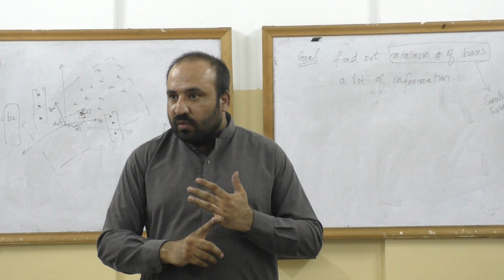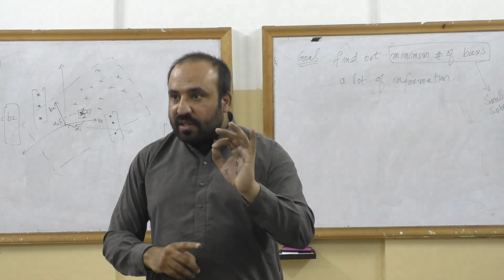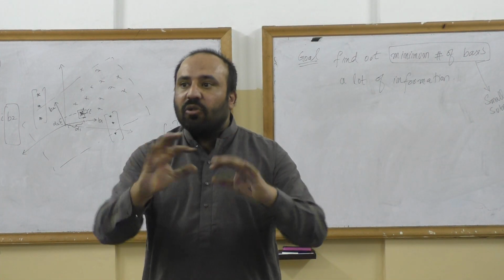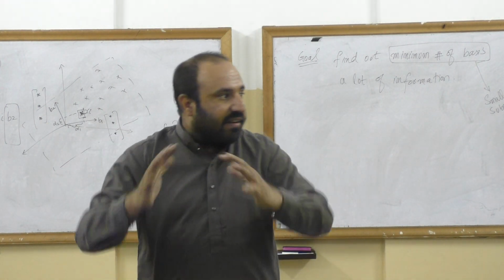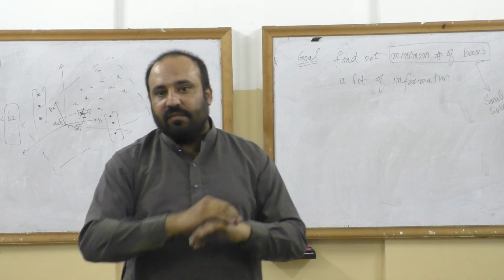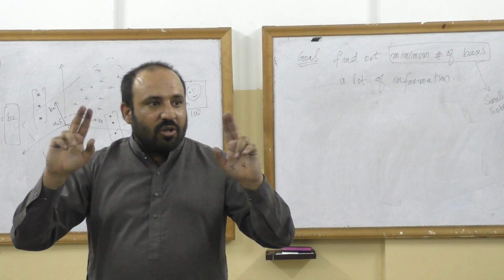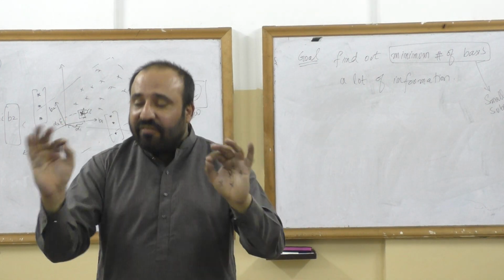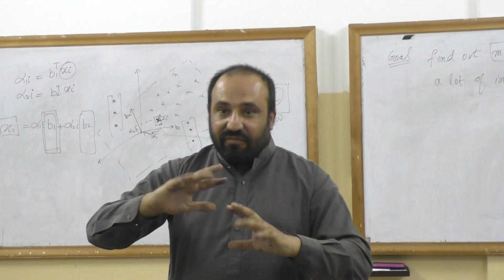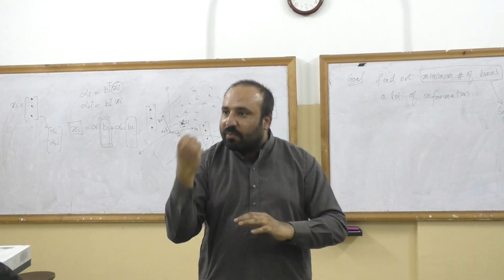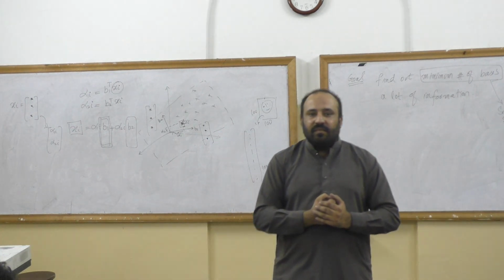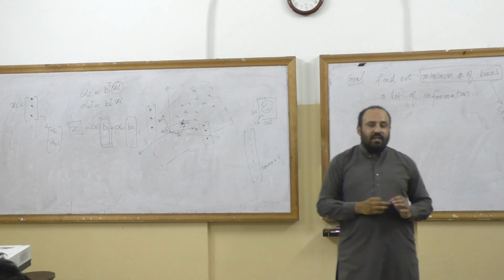We do not know the number of dimensions. Even if we know the number of dimensions is, let's say, 5, there are infinitely many 5-dimensional subspaces. Which one to pick? That's the question. Understood?